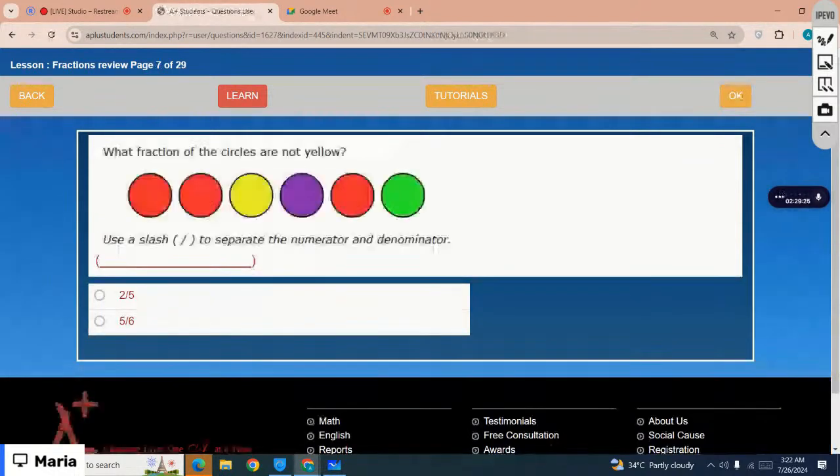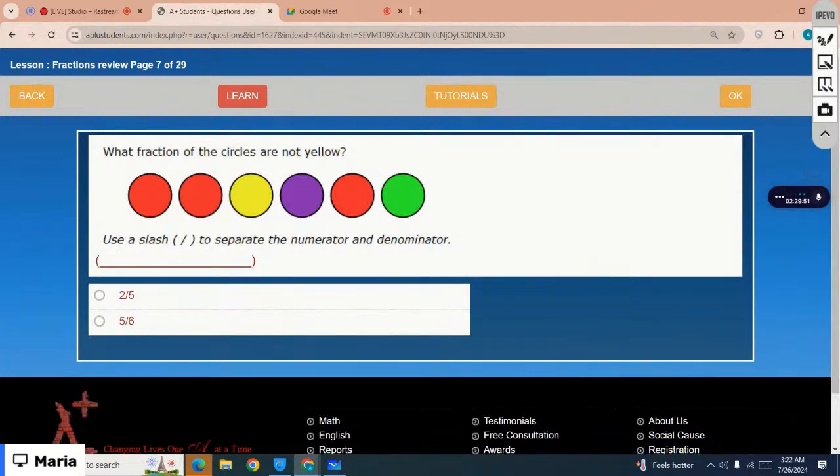What fraction of the circles are not yellow? Not yellow is 5 over 6.